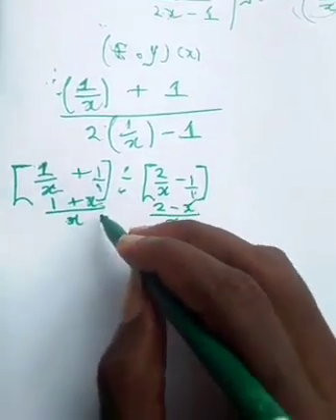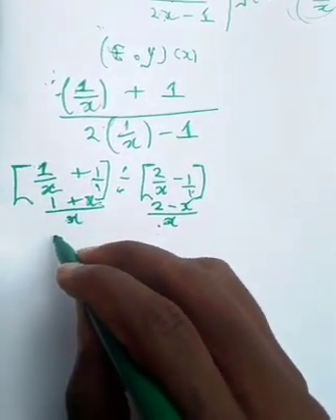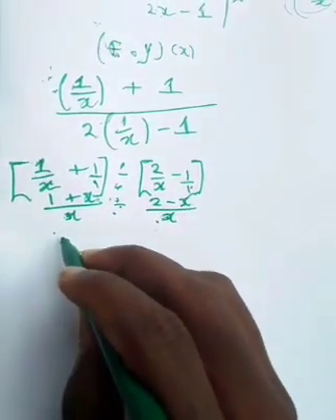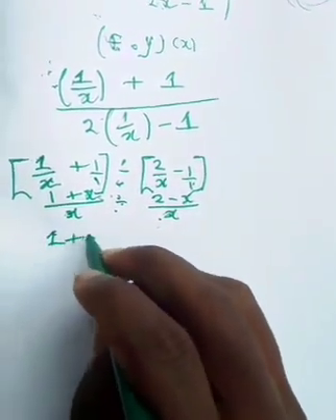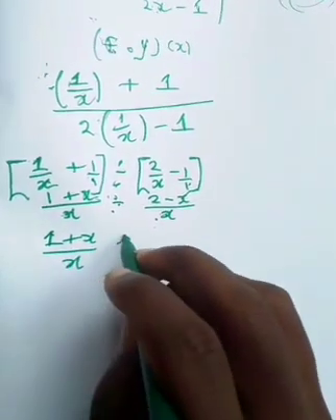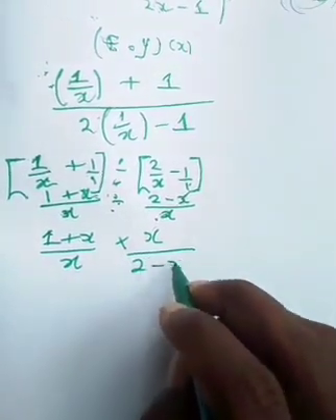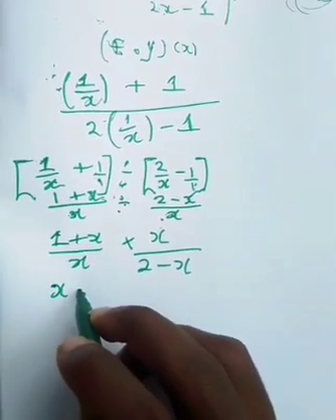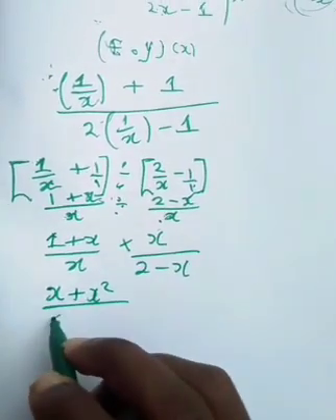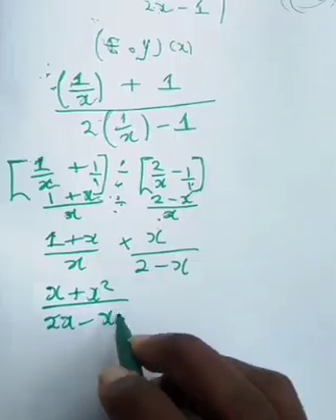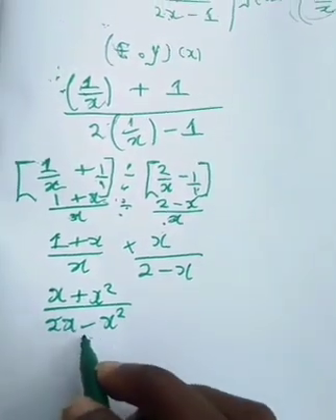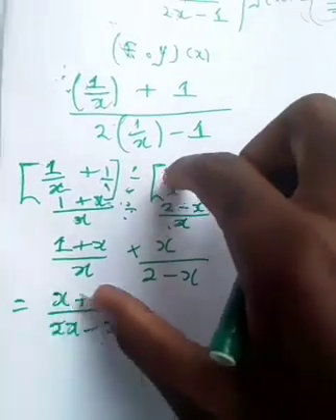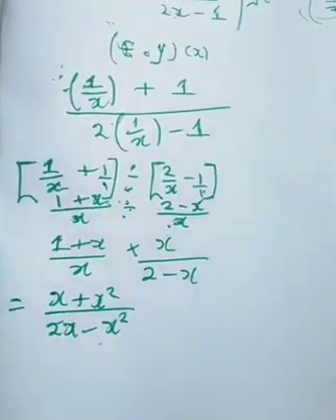Alright, so we can also write this as 1 plus x over x, times x over 2 minus x, which is simply going to give us x plus x power 2 over 2x minus x power 2. If we've done the calculations properly, I hope I haven't made any miscalculations here.